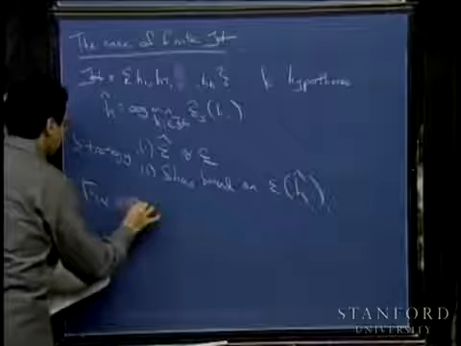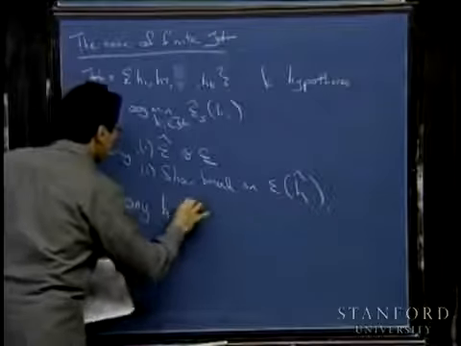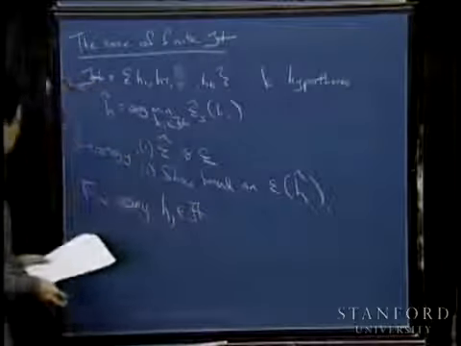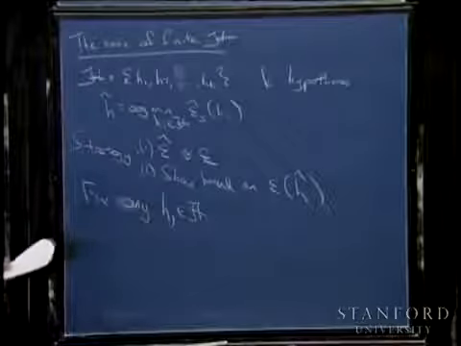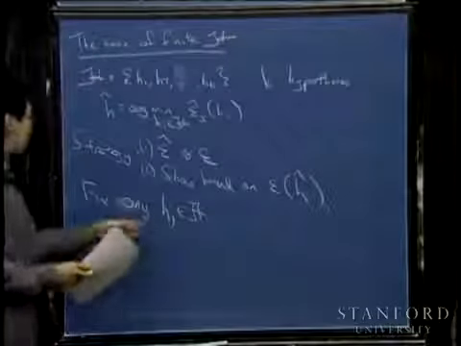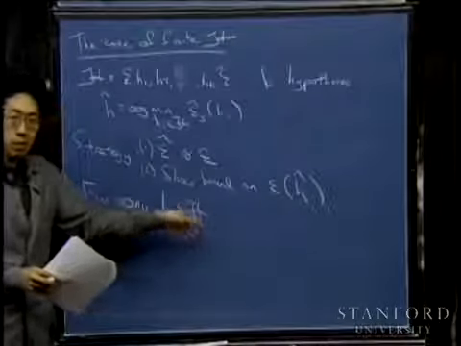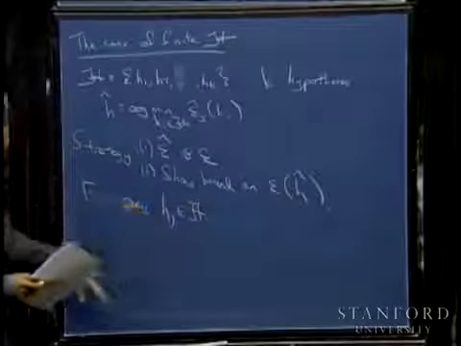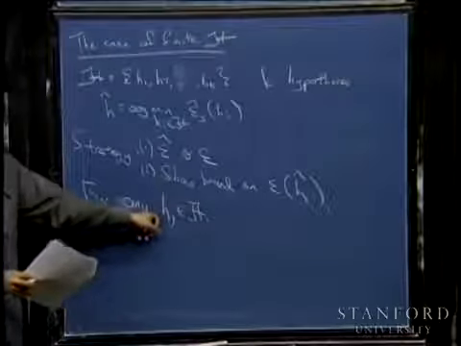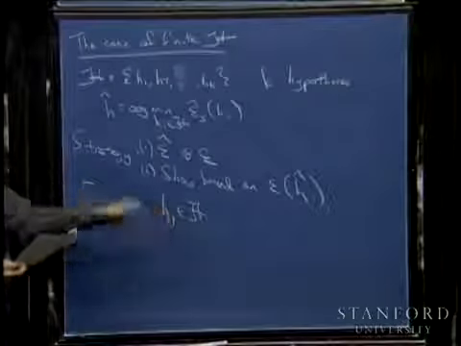So let's not consider all the hypotheses at once. Let's pick any hypothesis hj in the class script H. And so until further notice, let's just consider one fixed hypothesis. So pick any one hypothesis and let's talk about that one.